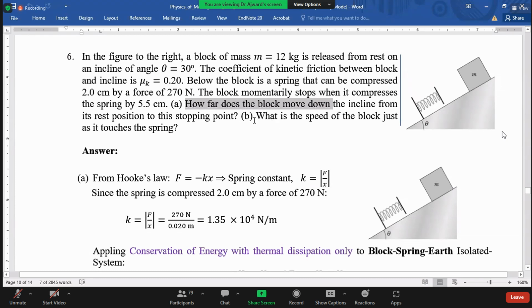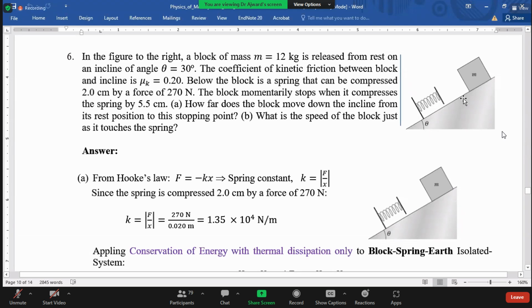That is part A. So here you have to immediately notice that you can use the conservation of energy in solving this problem. If you consider the spring, block, and the incline, that is, the block-spring-earth system is isolated.